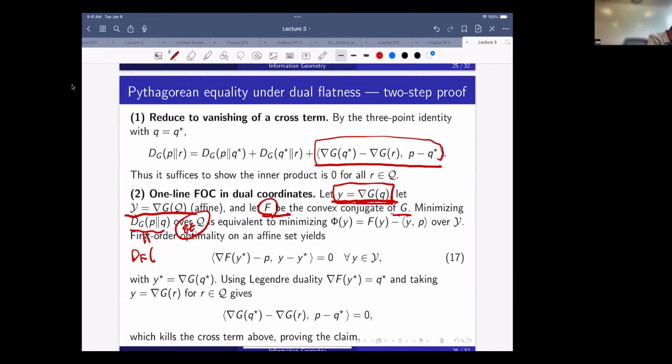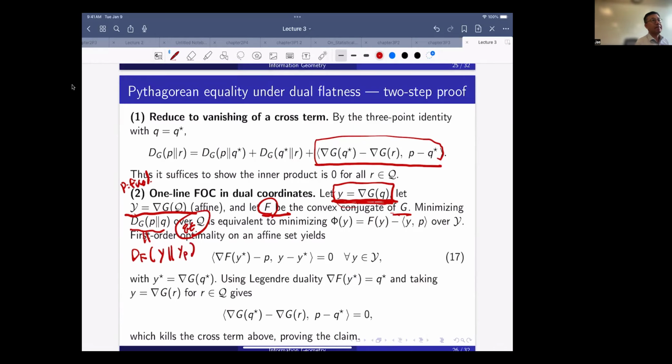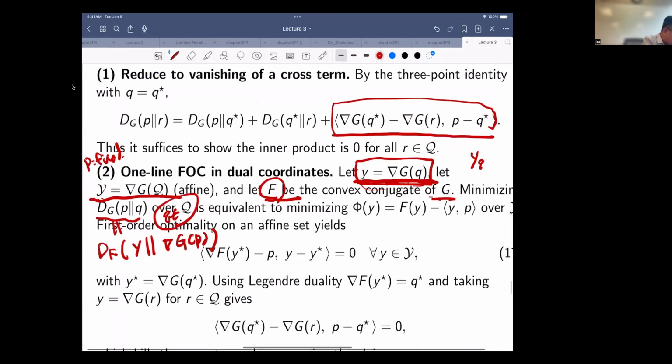Small p is fixed. Because of this mapping, Y corresponds to P, so this is Y(Q) essentially. Or we can even write it as Y and inverse delta G of P, which is probably better.